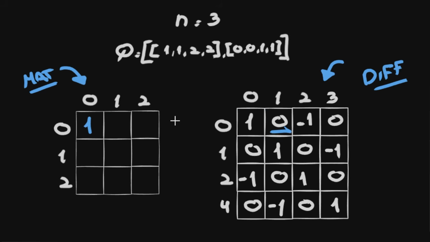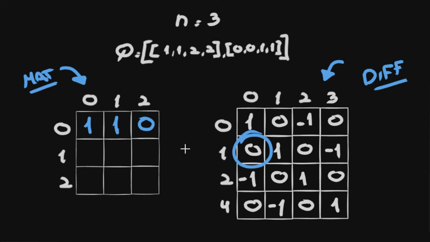And we need to add the accumulated effect up to this moment. And for this we can look left and 1 plus 0 is 1. Next we are here and the effect at this cell is -1. And we need to add the accumulated effect up to this point, so we do -1 plus 1, which is 0, so we put 0.